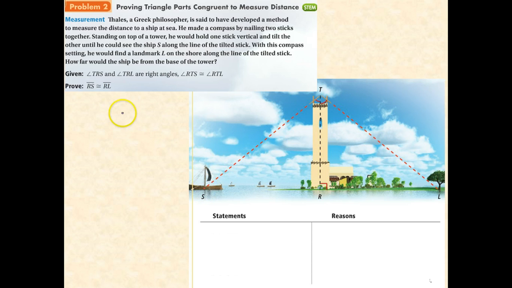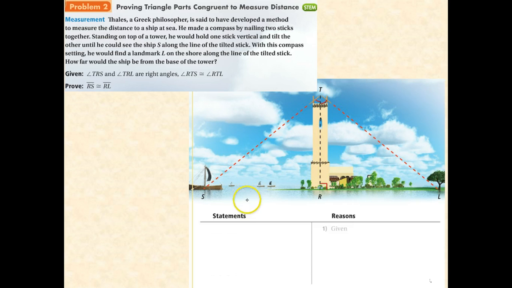So we're going to prove that given that angles TRS and TRL are right angles, and that angle RTS is congruent to angle RTL, that segment RS is congruent to segment RL.